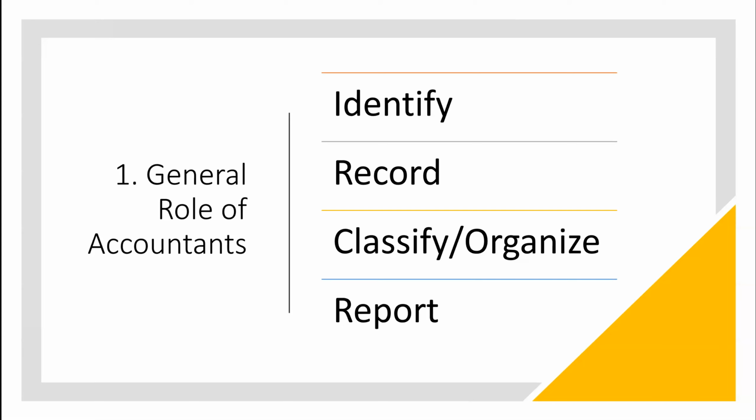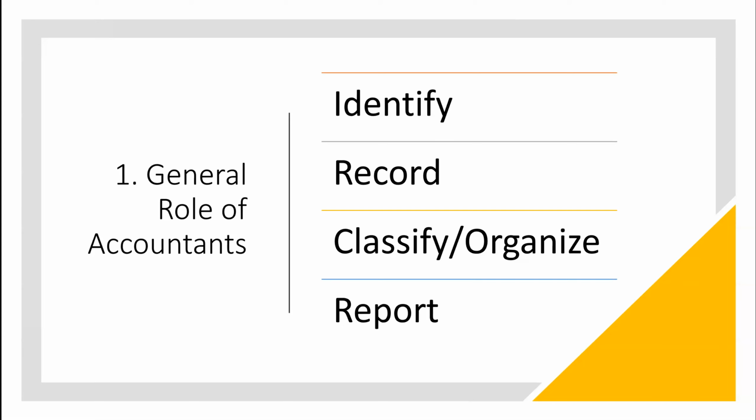When we record it, we record it into what we call the journal. And the journal is just a chronological listing. That's all it is, a chronological listing of all of the transactions that occur in date order from, say, January 1st all the way to December 31st. Every entry for that particular year gets recorded in the journal.